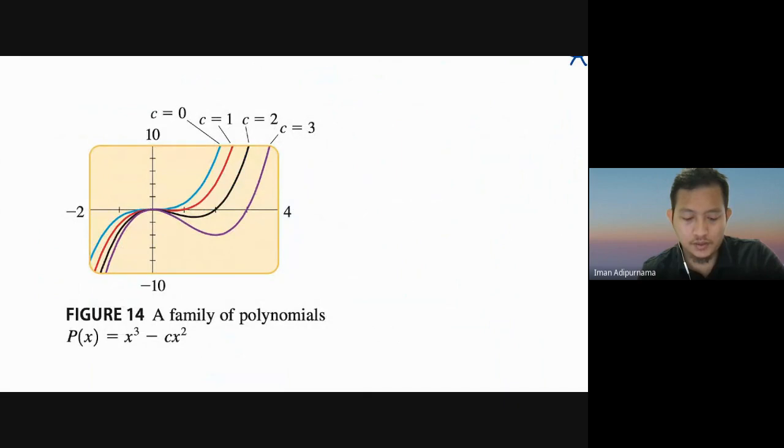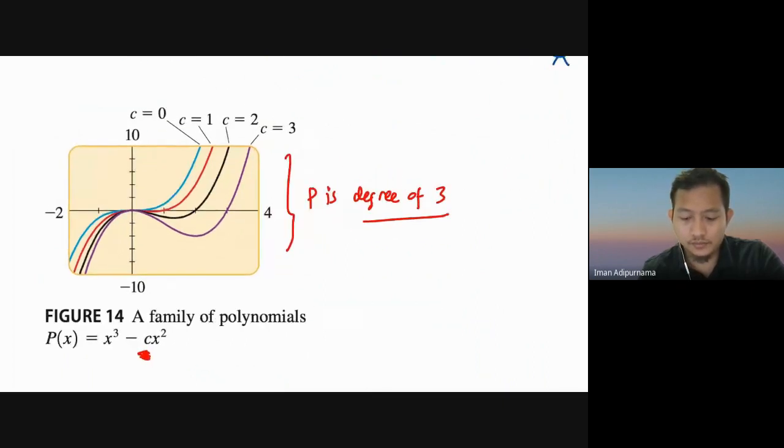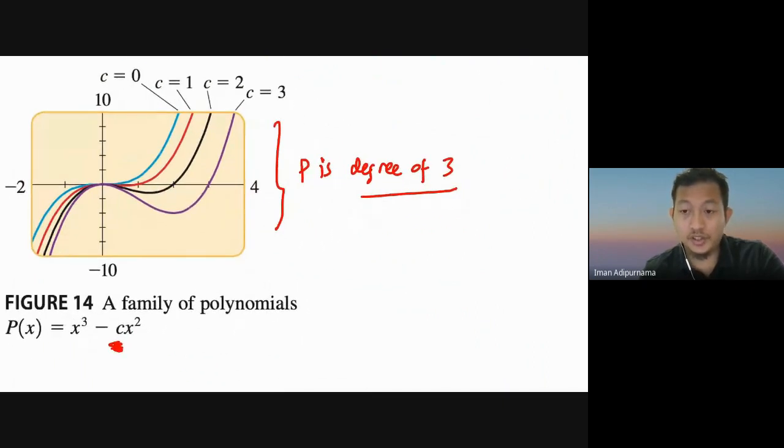This is an example of a family of polynomials, and you'll see the constant c here at the variable x squared. This is what I told you before. So this is a degree of 3, which means the original function, when you zoom out the graph, you will see it at least like that.